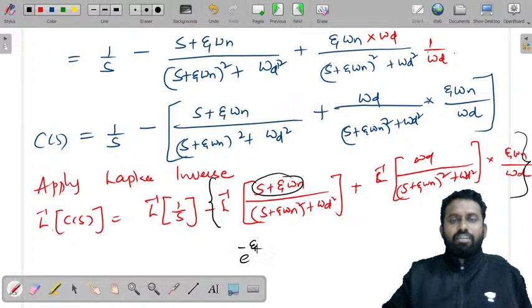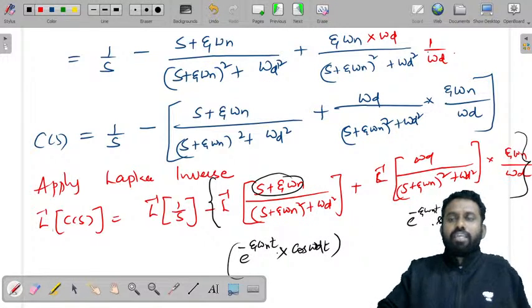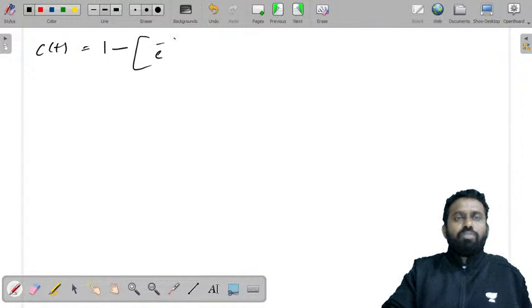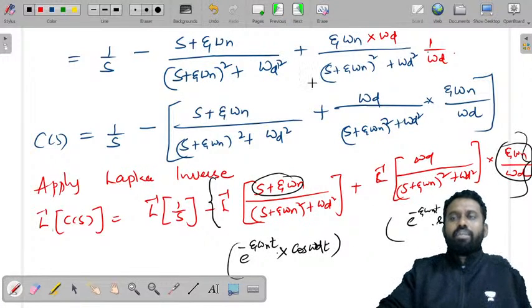You'll get e power minus zeta omega n t, because s is replaced by s plus zeta omega n, into s by s minus a, which gives cos omega d t. And this one is e power minus zeta omega n t into sin omega d t, right? So it is e power minus zeta omega n t cos omega d t plus e power minus zeta omega n t sin omega d t into zeta omega n by omega d.